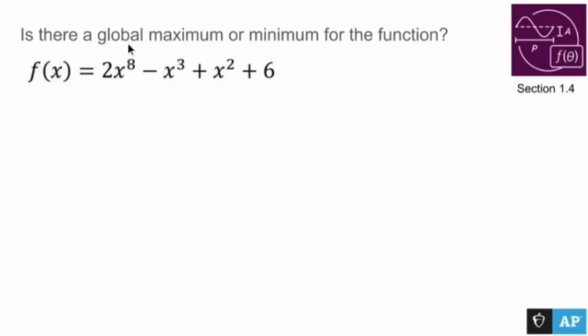Is there a global maximum or minimum for the function? Now, global maximum or minimum is just fancy talk for absolute, which means is there a spot on a graph where you can't go any higher or can't go any lower? Well, what I have is an 8th degree polynomial with a positive leading coefficient.